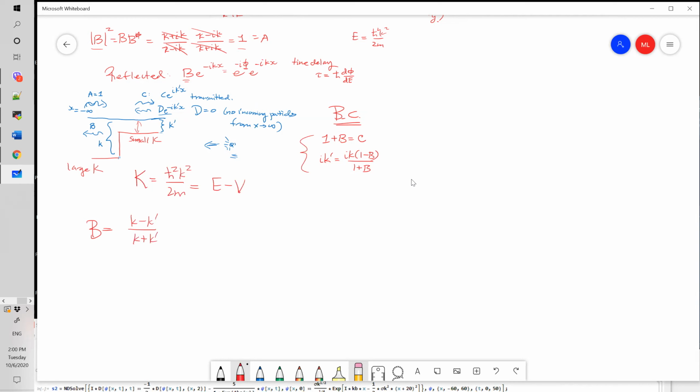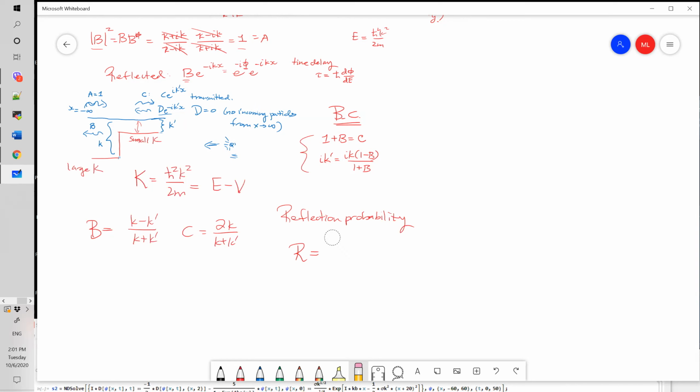And now the magnitude of this is not 1, because a portion of the flux gets transmitted through. And you can actually calculate how much it is. You can calculate the reflection probability by calculating the probability flux ratio.